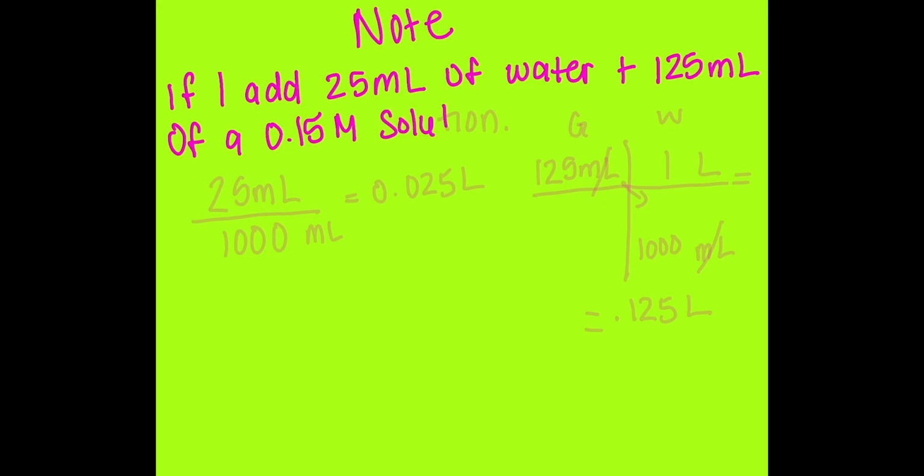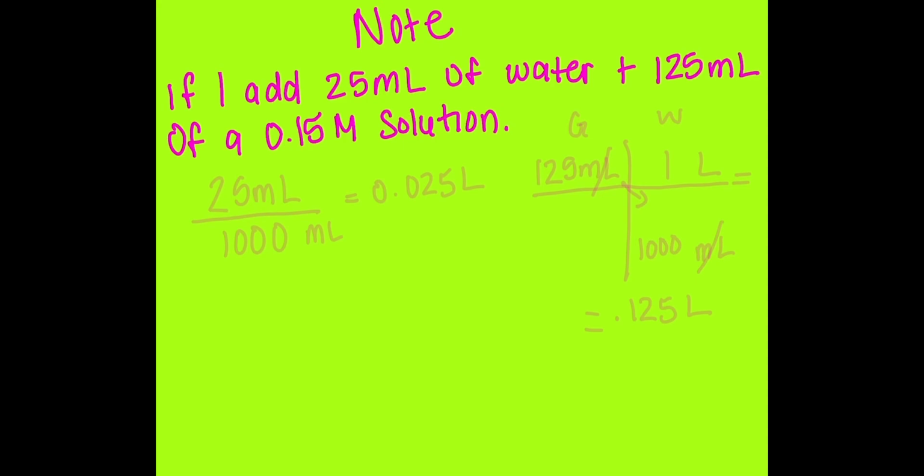solution. I'm going to write this because this is more of a dilution problem that I'm writing out right now. However, I want you all to be able to see what you would need to do if you were given milliliters instead of liters. Anytime you're given milliliters instead of liters for your volume, you need to convert your milliliters to liters.